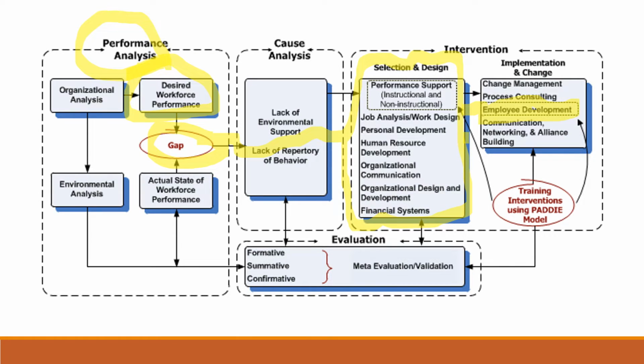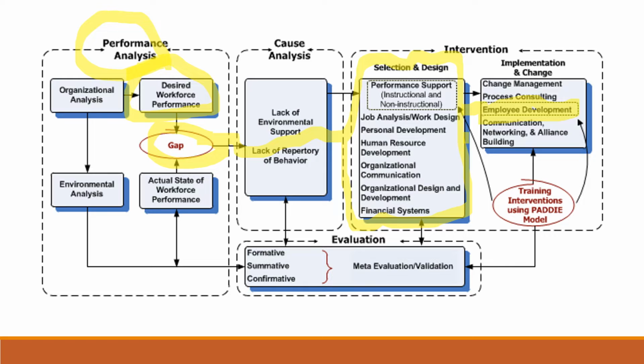Let's take a closer look at the definition of human performance technology in this flowchart. Starting with performance analysis. This is where we identify an organization's current performance and compare it to its future objectives. Moving to cause analysis, this is the why behind the performance analysis or the gap. Next, intervention.